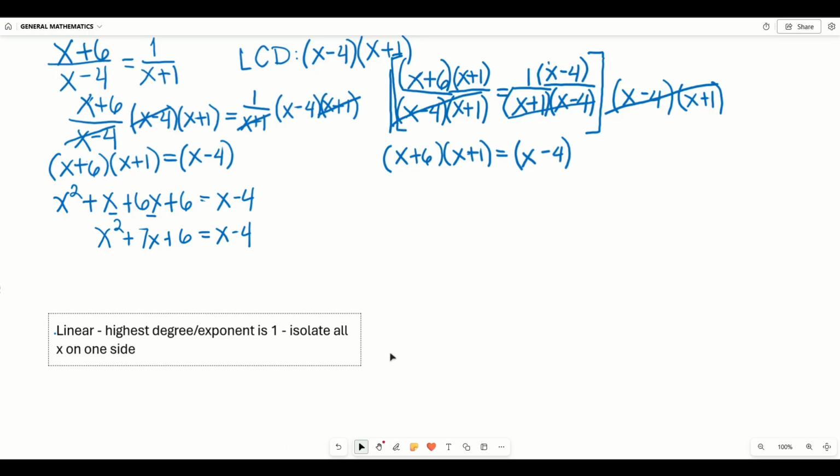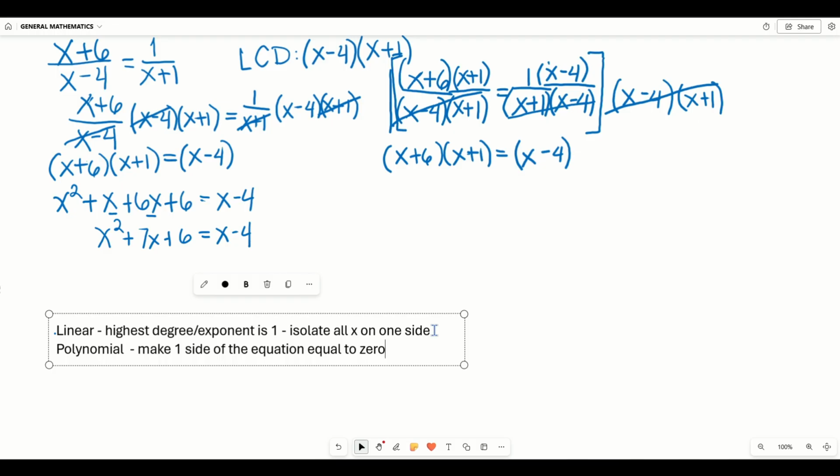And then if you have a degree higher than 1, or let's say quadratic or other polynomial equation, what you need to do is to make one side of the equation equal to 0, so that you may do, for example, for quadratic equation, you may do factoring, or you may use the quadratic formula for you to be able to solve for x.